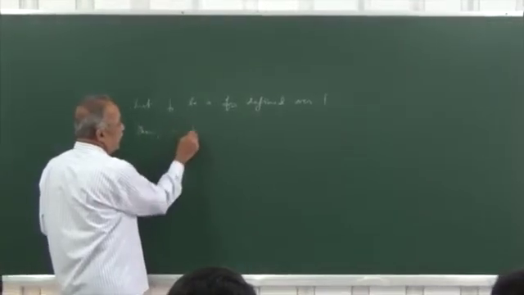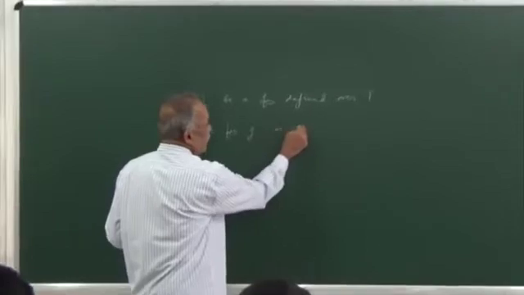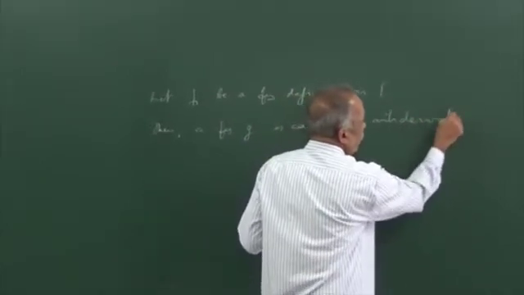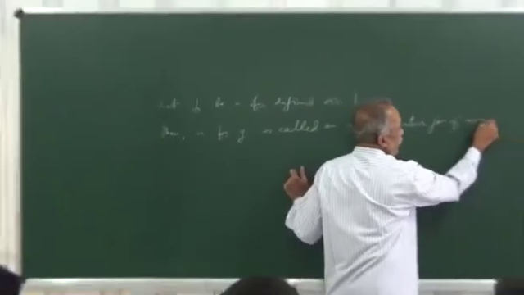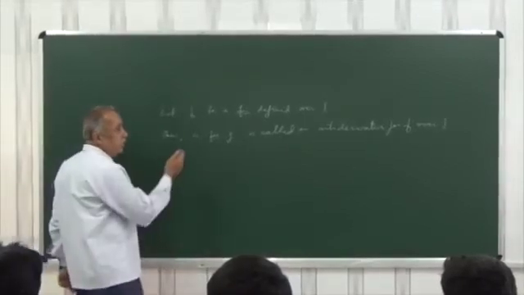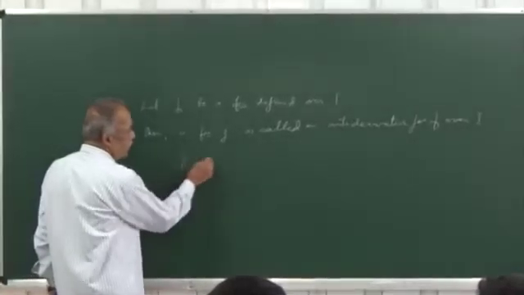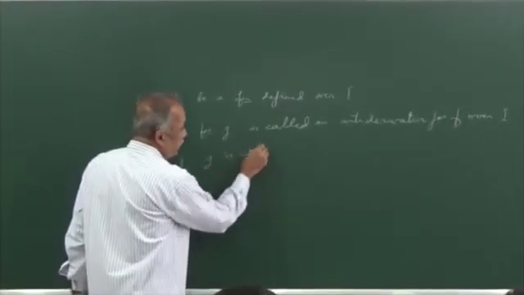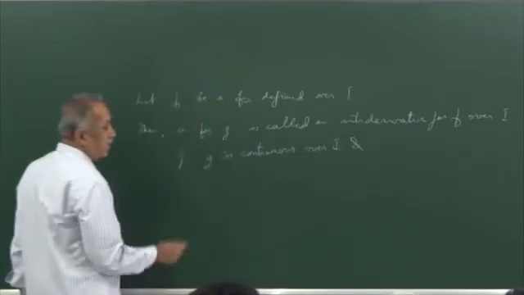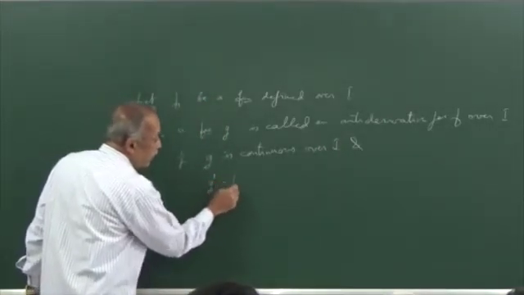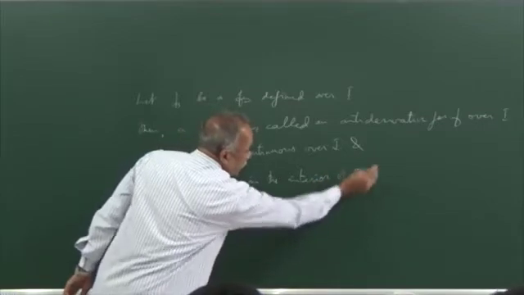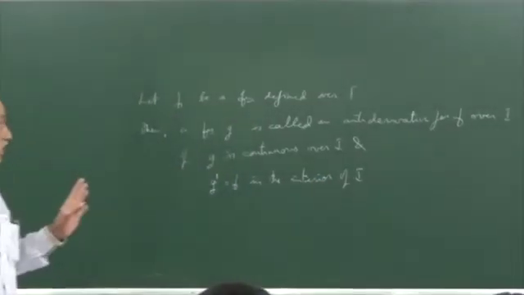Then a function g is called an antiderivative for f over I if two things I require. f is any function defined over I.